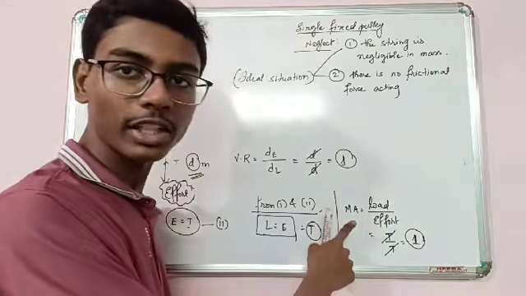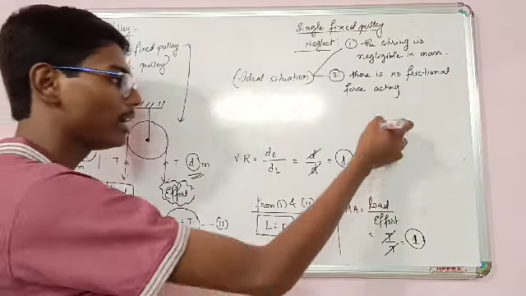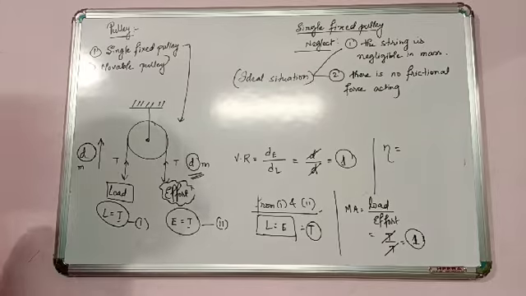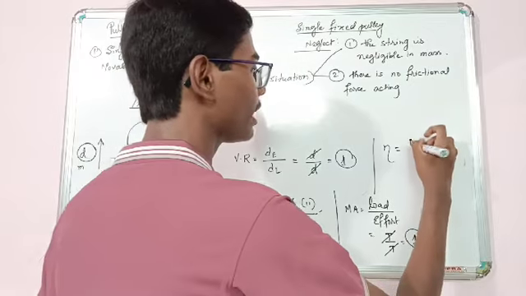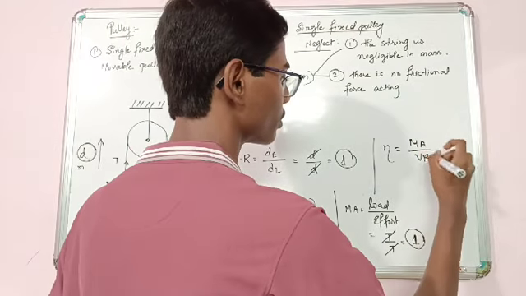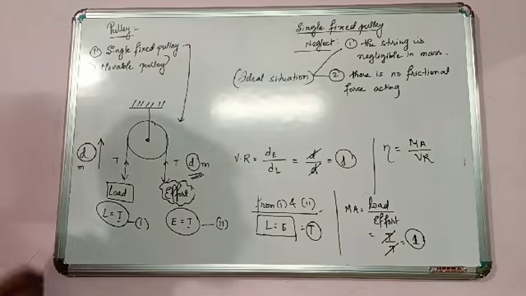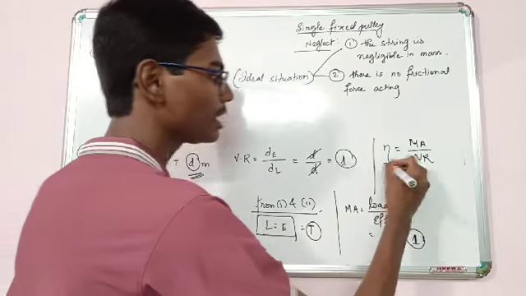Now mechanical advantage was 1, velocity ratio is 1. What is efficiency? It is nothing but mechanical advantage by velocity ratio. Mechanical advantage by velocity ratio is my efficiency, which we represent using eta.